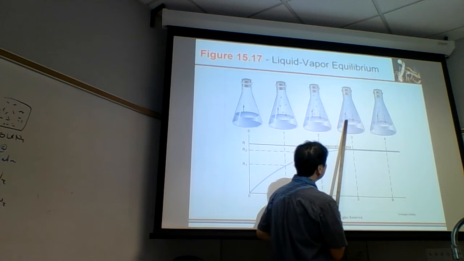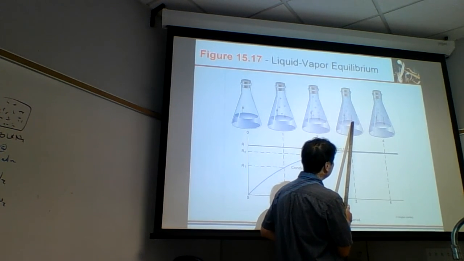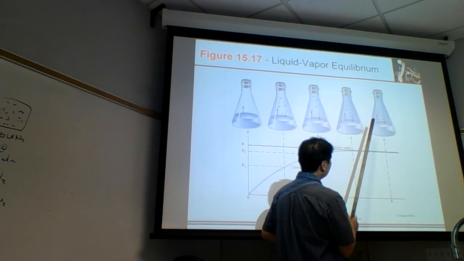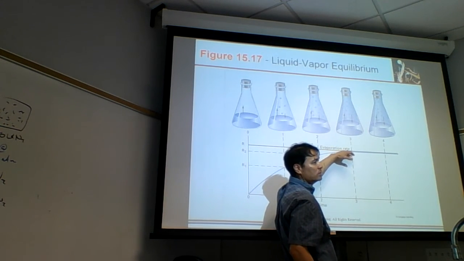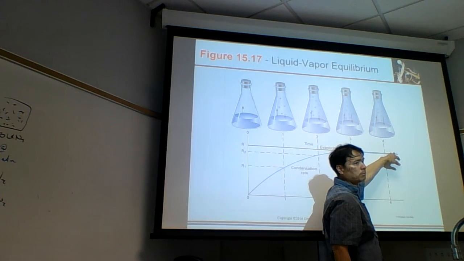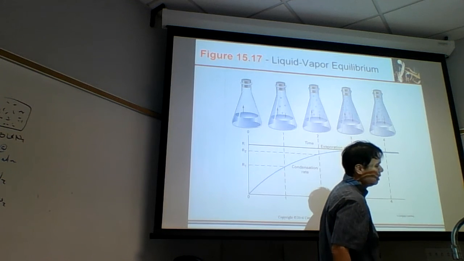Eventually, we hit the point where the vaporization rate equals the condensation rate, and no further change occurs. That is, we've saturated the air. When we've saturated the air, that's called 100% relative humidity air. And there's no further change.